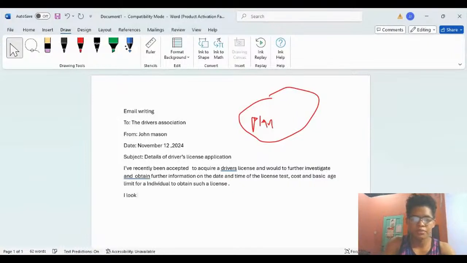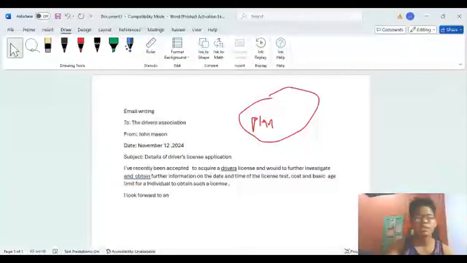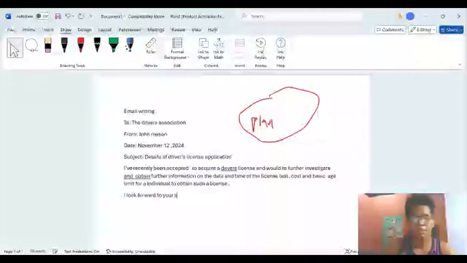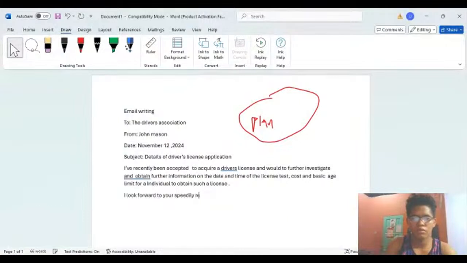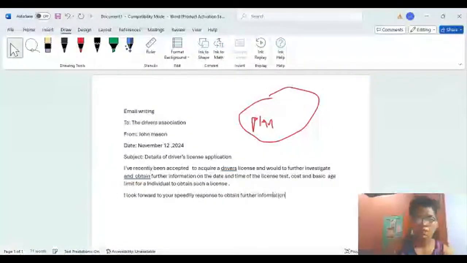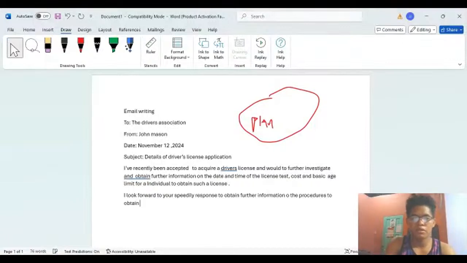I look forward to... I can't say immediate response, so I would say, I look forward to your speedy response to obtain further information on the procedures to obtain such a license.